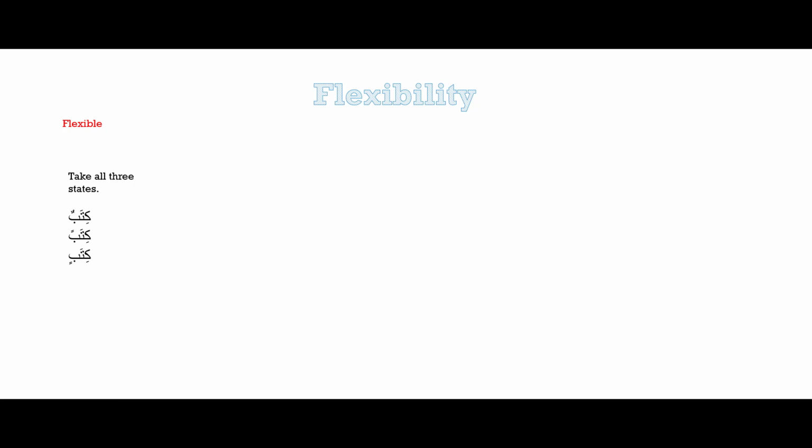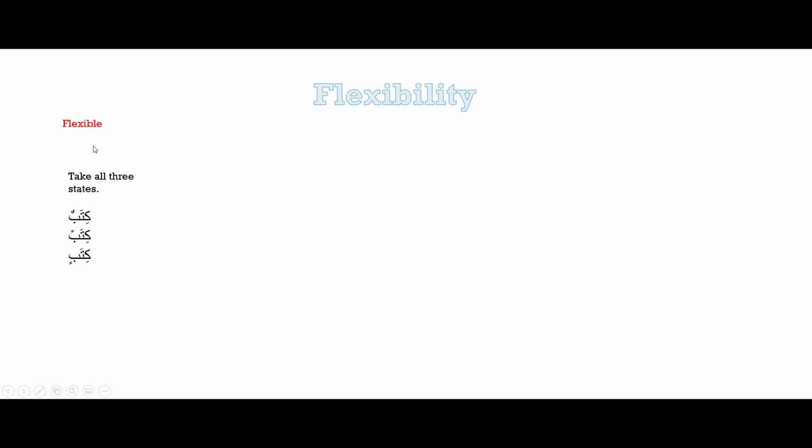So in order to show the role of an ism, the ism is going to change its ending sign. When an ism can change the ending signs into three cases, such isms are called flexible isms. The Arabic term for flexible isms is mu'arrab. That means the ism is going to change to three different signs.